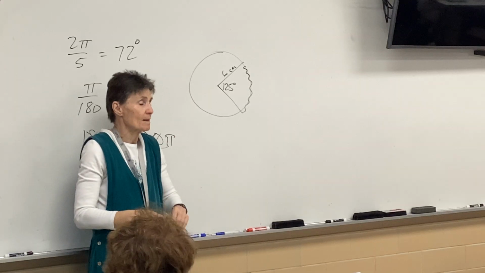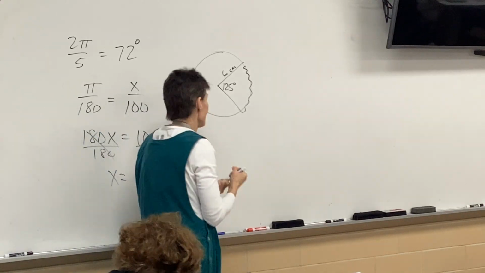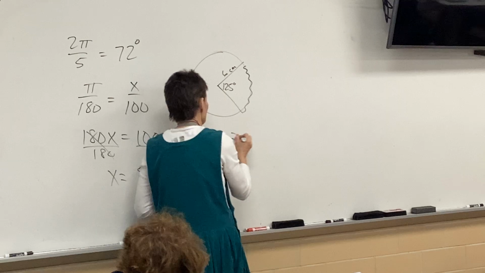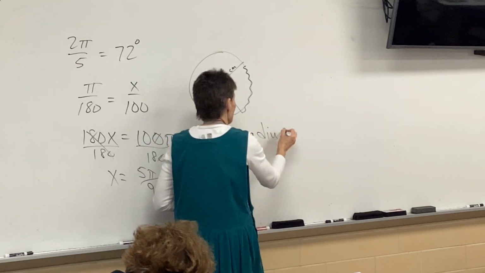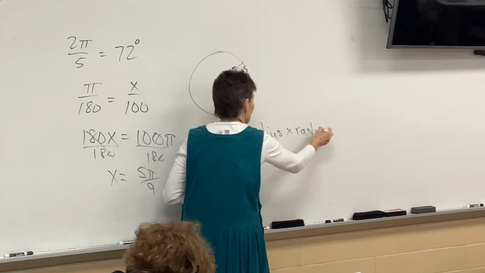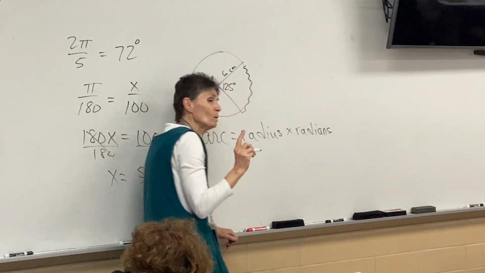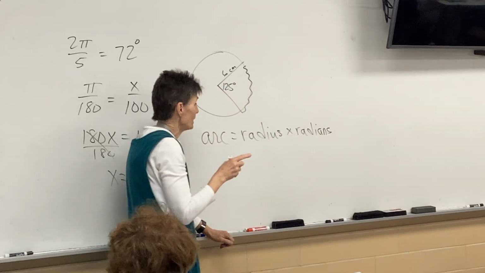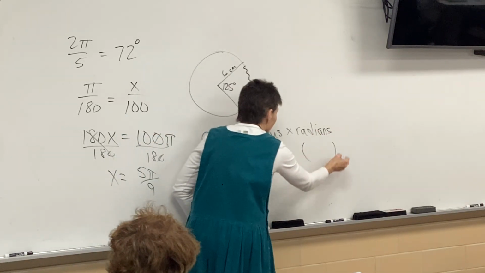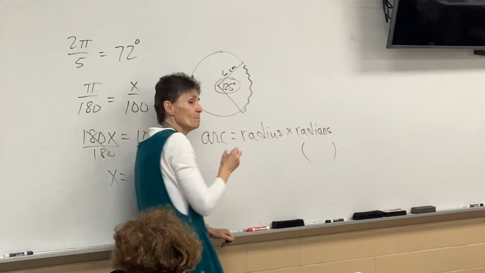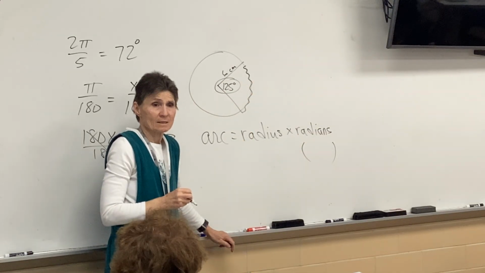Worded exactly the same. You should think arc length equals radius times radians, because that will remind you that the angle has to be in radians.